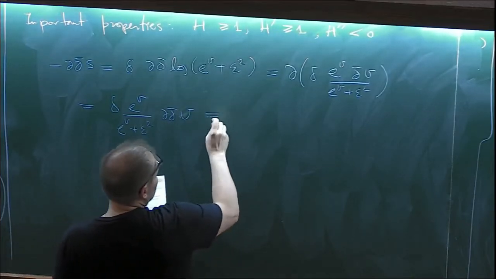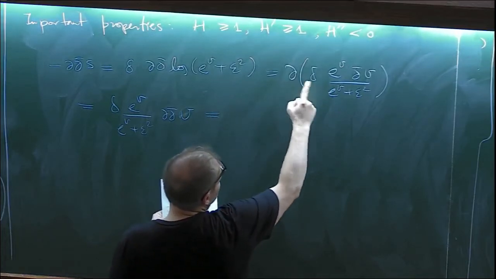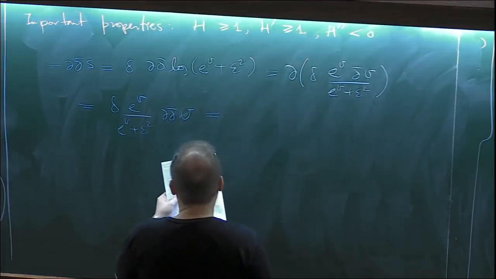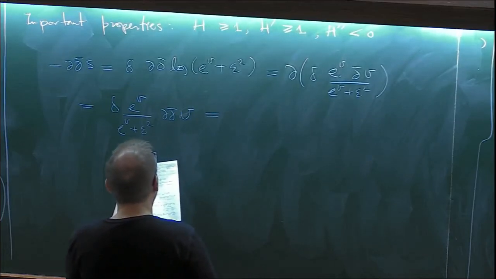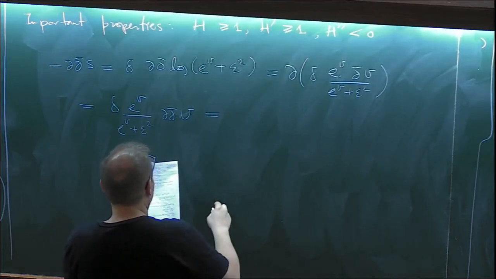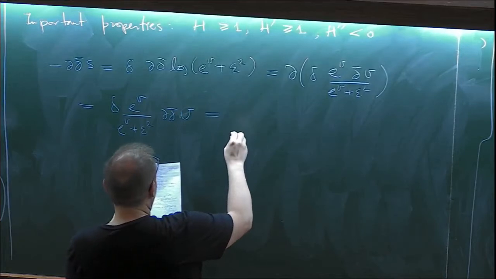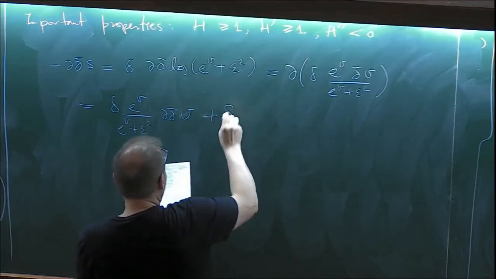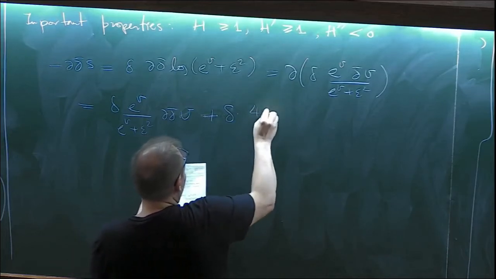Now you're going to have to apply d to this thing here, and it's a calculation. I'm going to tell you the outcome. I hope you'll see later why I wrote it in the way that I did.